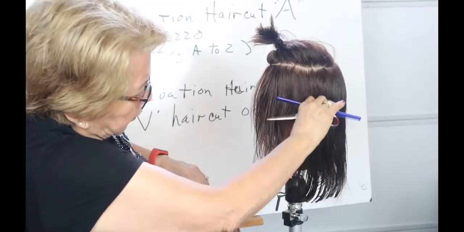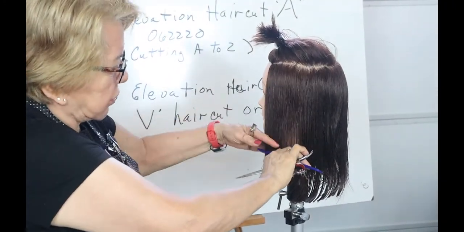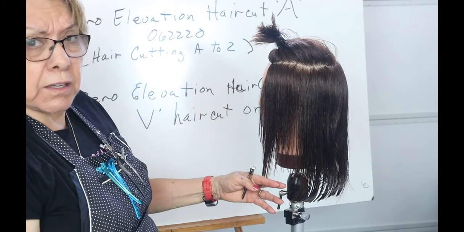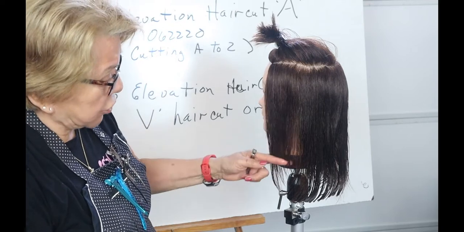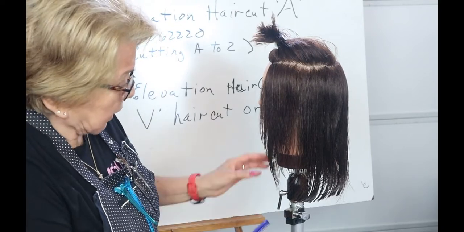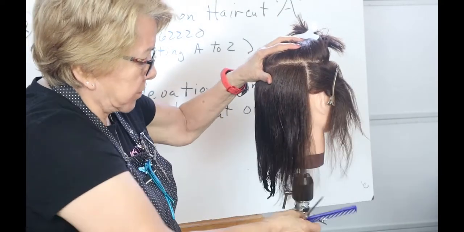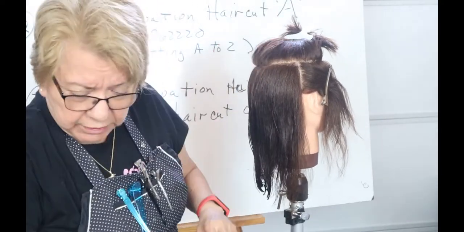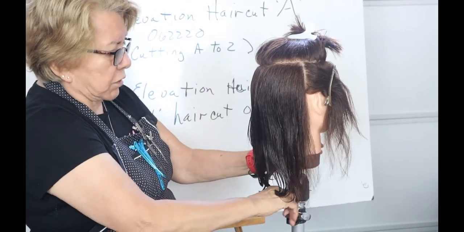All right, if you bring it straight down, now because this is flat, you're going to go flat with it and come across. So that you can see it, I'm going to take it even shorter so that you can get a good visual on what's supposed to happen there.